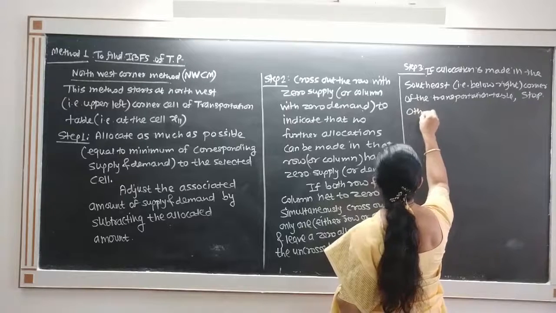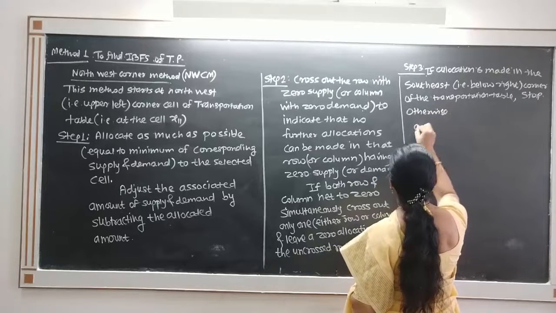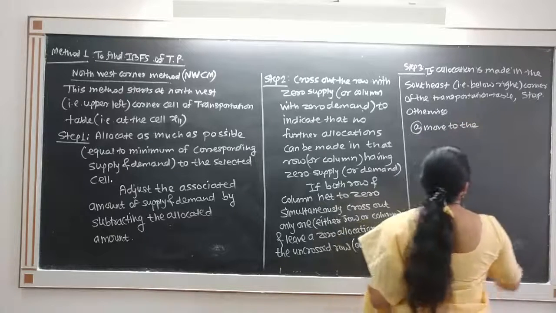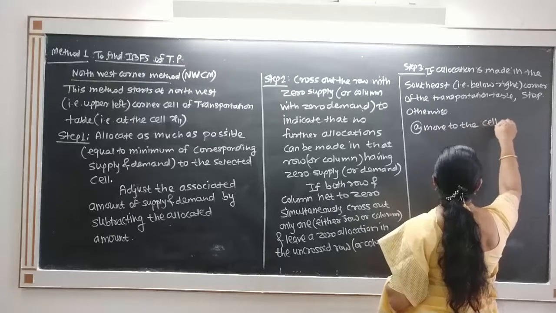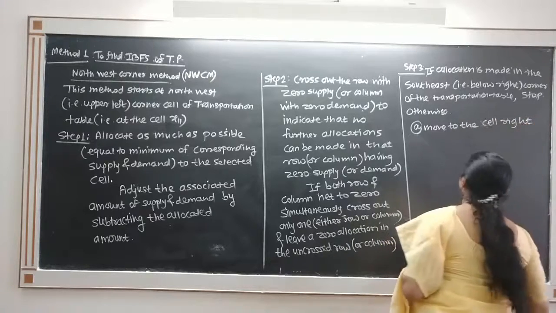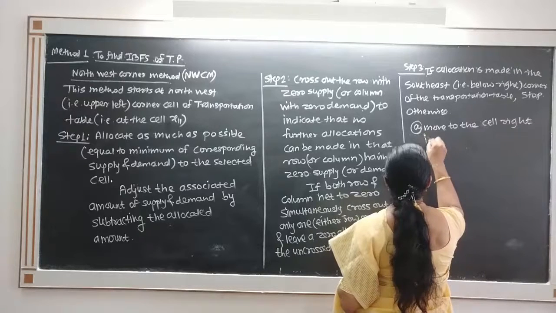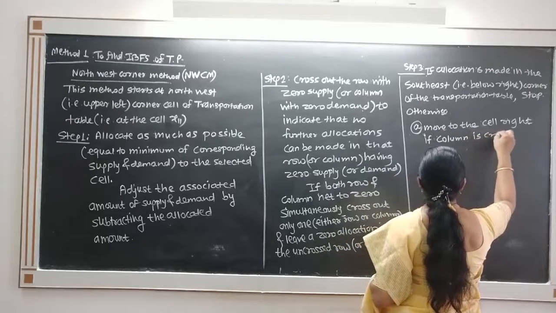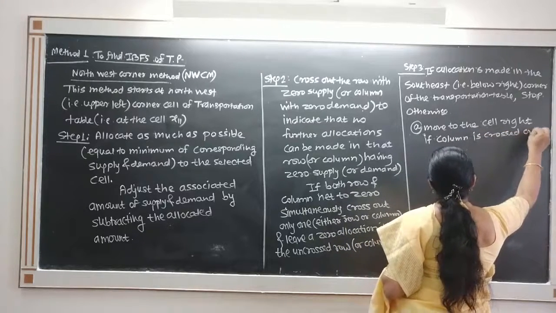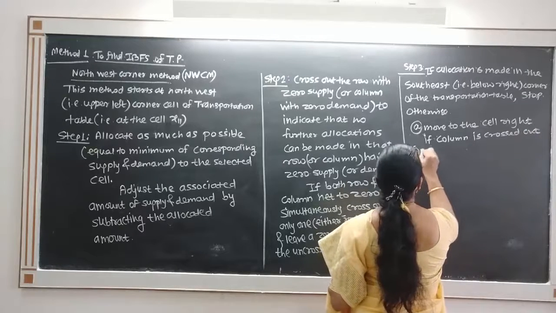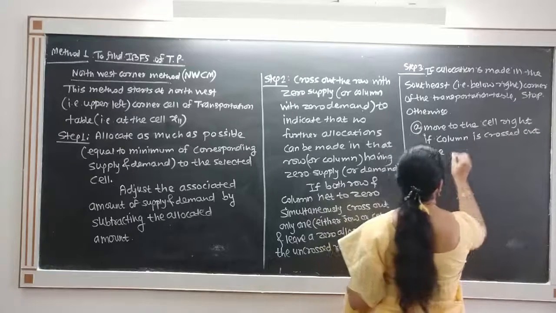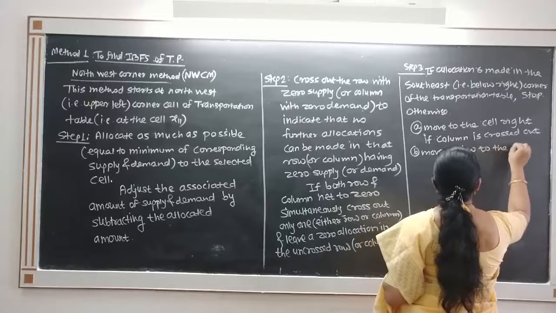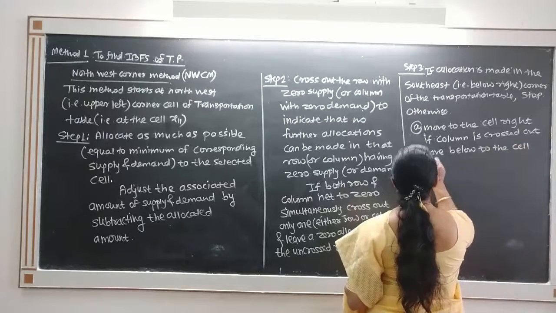Otherwise, move to the cell on the right if the column is crossed out, or move below if the row is crossed out.